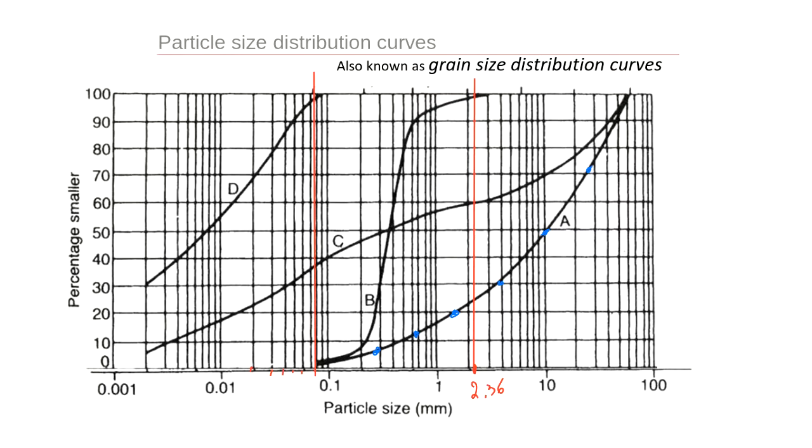And if you want, you can write in your notes 0.075. And the last boundary is 0.002. That's for clay. So we know that this is going to be gravel, this is going to be sand, this is going to be silt, and this is going to be clay.